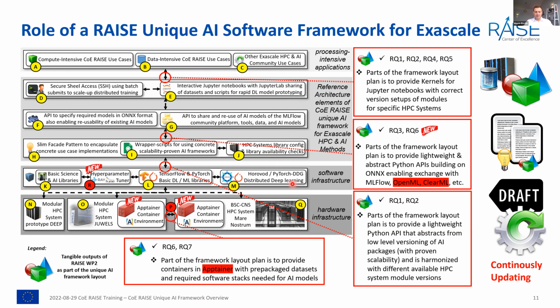But when you go to a lower level, of course, here the Python API that abstracts from these low-level packages goes alongside this framework API that you have there, where you basically have then something we would say is a repository of lots of different ideas how to use the different systems, with proven job scripts, with proven ideas how to use the HPC systems with different versions of the different technologies already available. And then the API or the job script functionality can easily leverage this and basically give the users the right module to load right now.